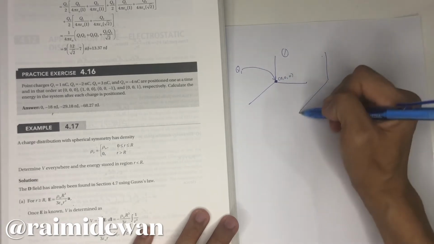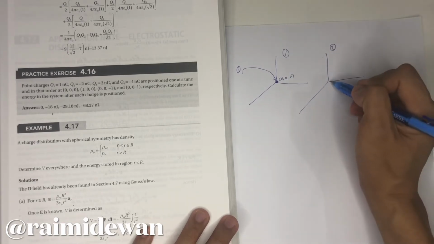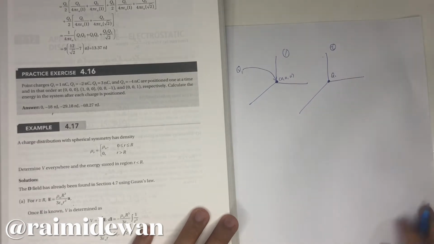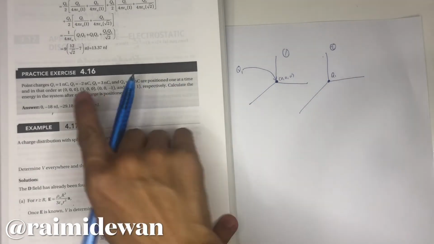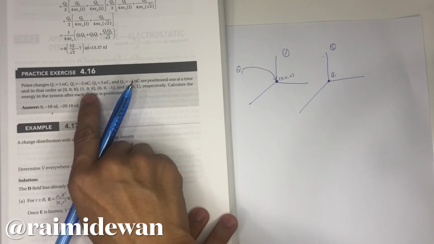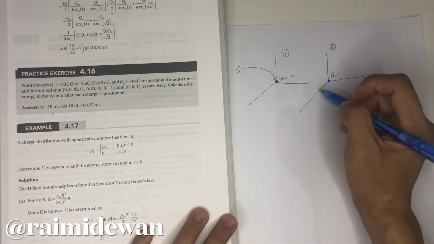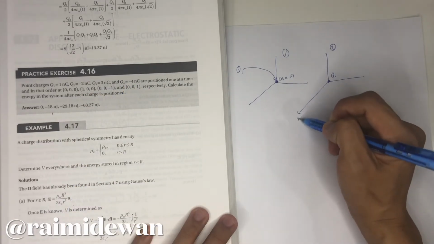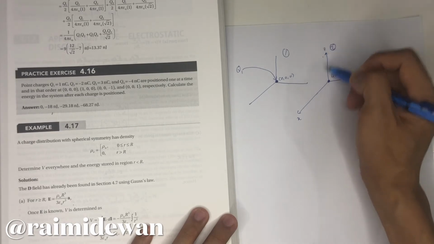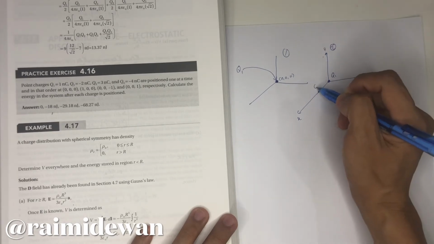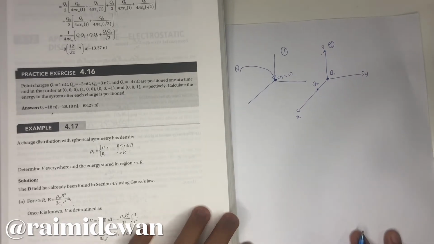At the second time, Q1 is already there, and now Q2 is introduced at the position of 1, 0, 0. This is your x, this is your y, this is your z. So it is put here. This is your Q2.